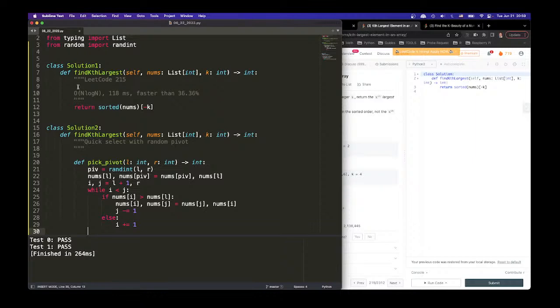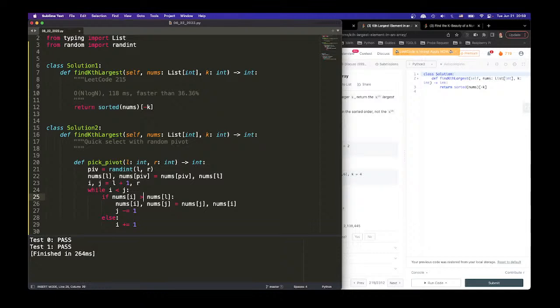Maybe do larger equal to. Right, so j minus j will move when it's larger equal to. Maybe that will be good. The kth largest. Nah, I think it's larger.